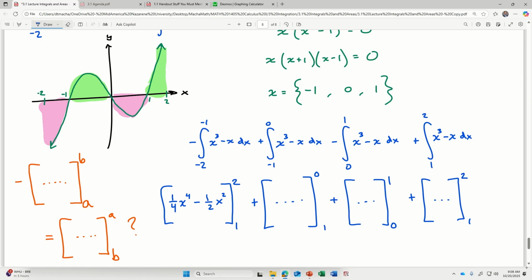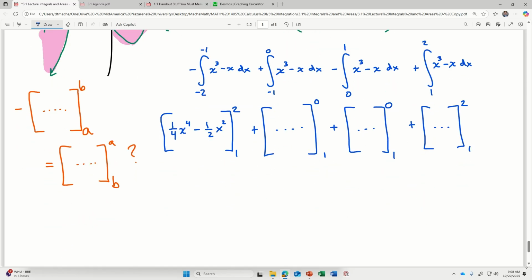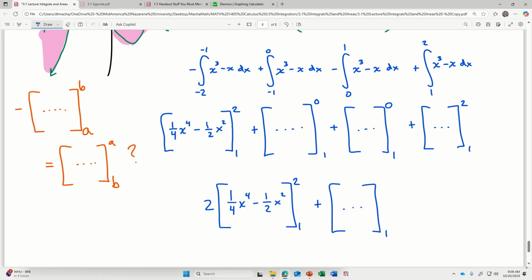I can make that a positive if I switch the upper and lower bounds. And then, hey, look at that. This becomes easier now because I just have this antiderivative show up here with bounds 2 and 1, and it shows up over here with bounds 2 and 1. So twice that, plus the same thing, lower bound 1, upper bound 0.